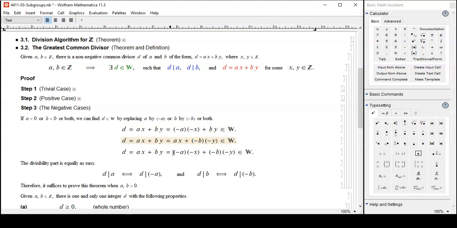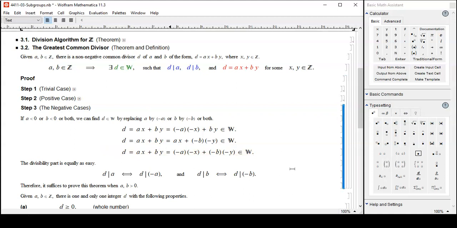When both are negative, like this, so that we have positive numbers, either negative a, b, or a, negative b, or negative a, negative b. They're positive, depending upon the circumstance. So this part exists, which is a whole number. Consequently, yes, we have this linear combination as well. So we have red and green.